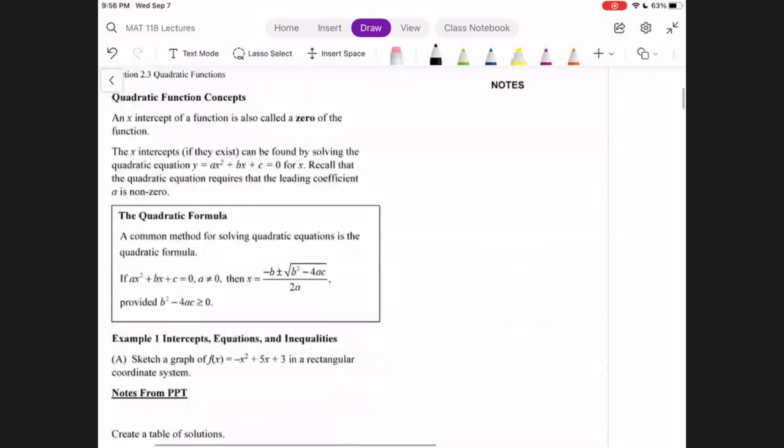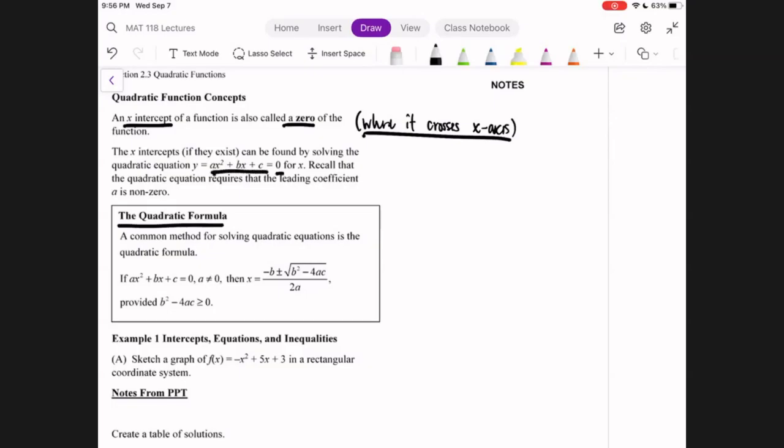So there is a concept that if you wanted to find the zero of a function, or we call it the x-intercept, so where it crosses the x-axis, we'd use something called the quadratic formula. So what this says is if you have a quadratic equal to 0, and remember, if it equals 0, that means your output or your y value would be 0.